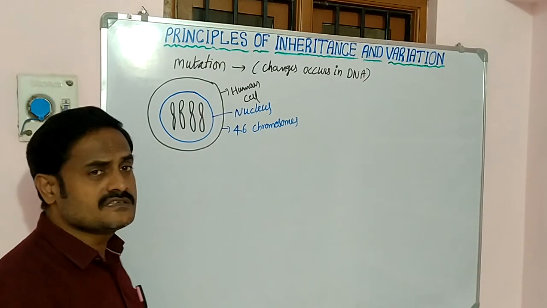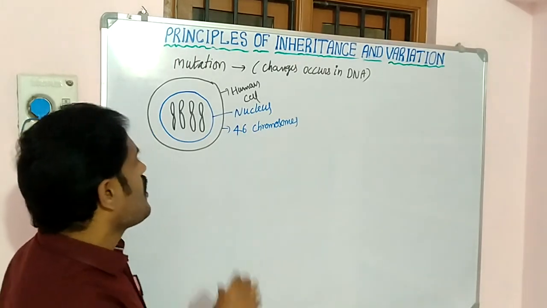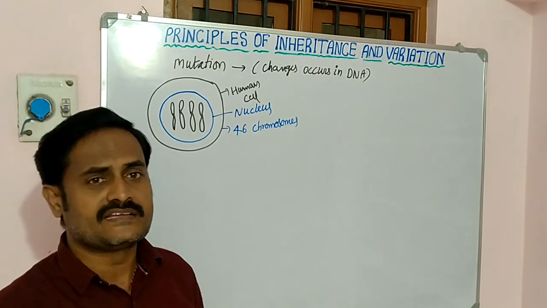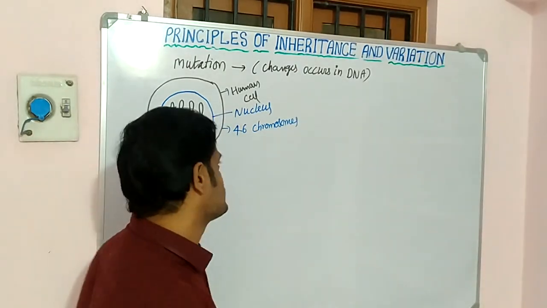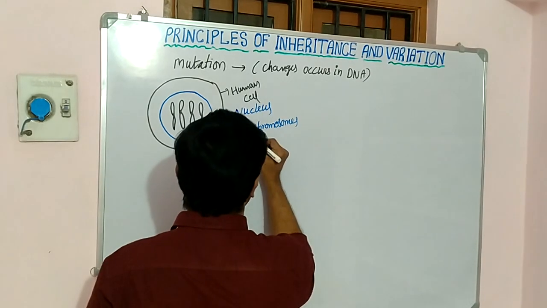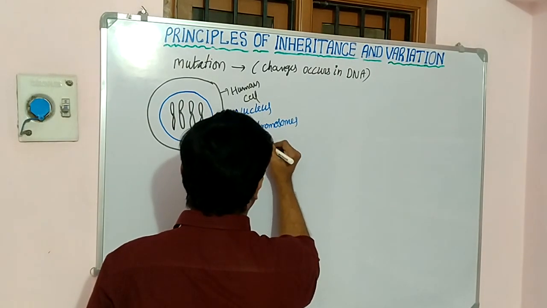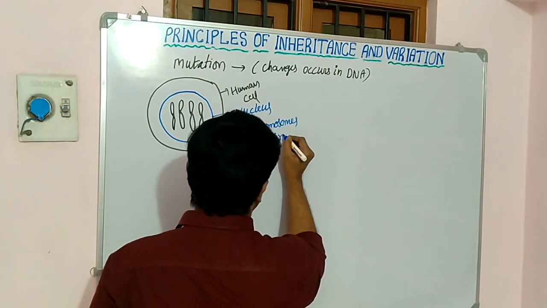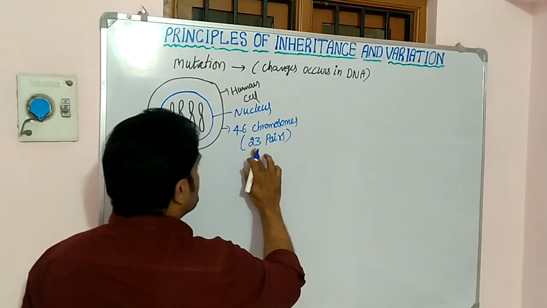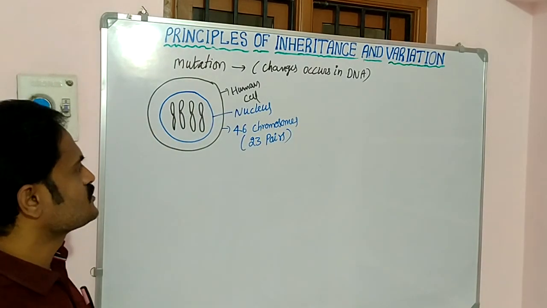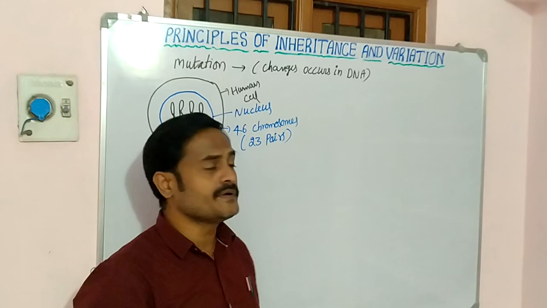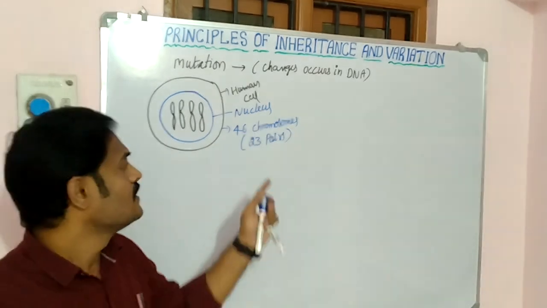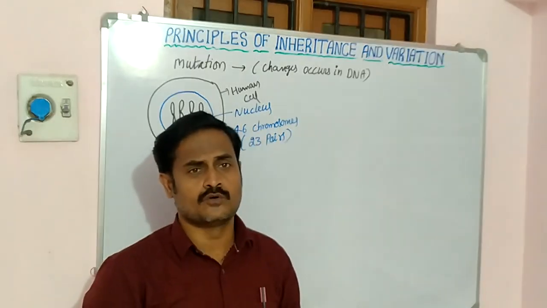See, these 46 chromosomes are arranged as pairs. So, how many pairs? 23 pairs. How many chromosomes? 46 chromosomes.